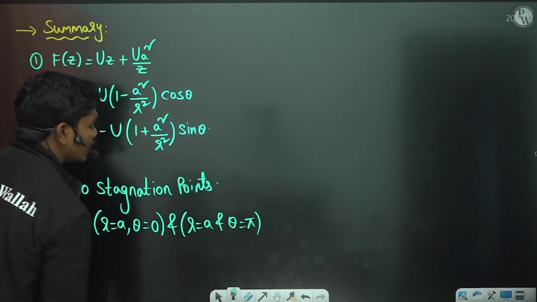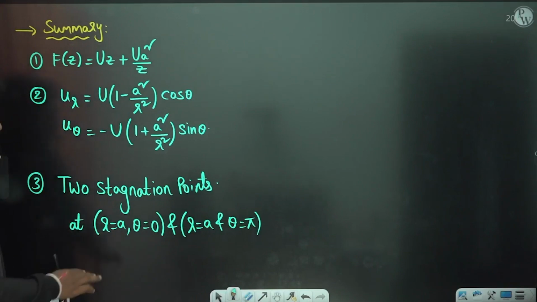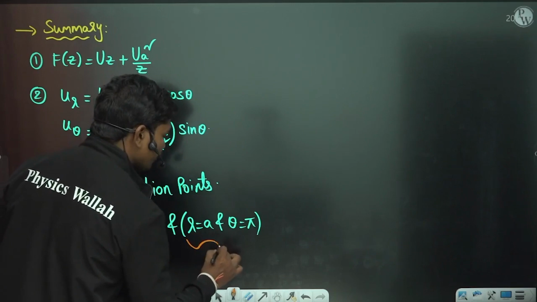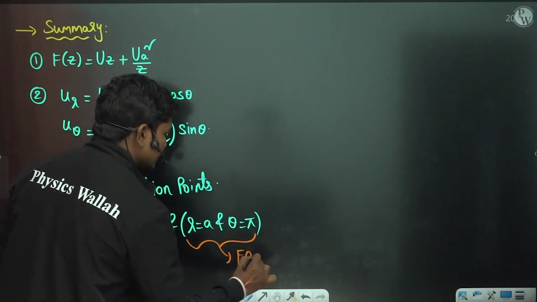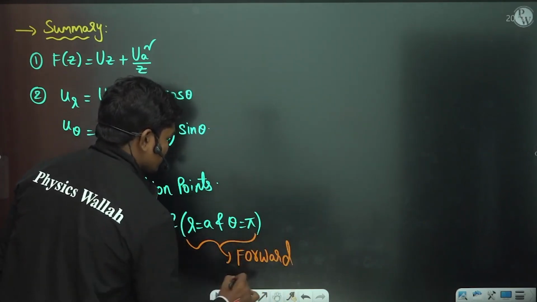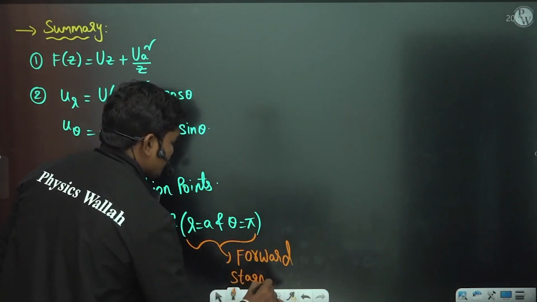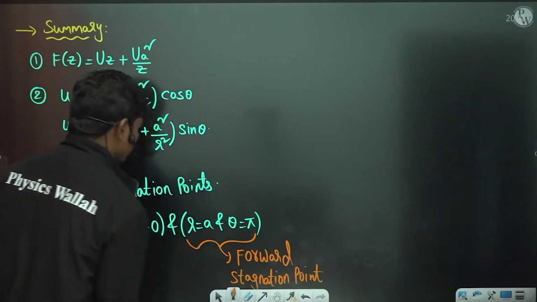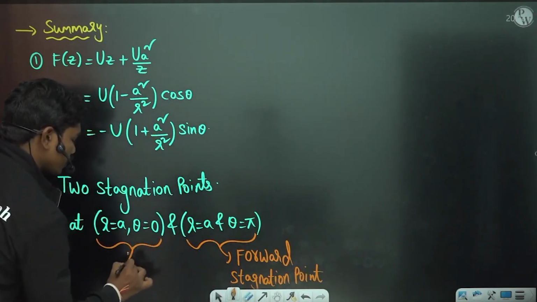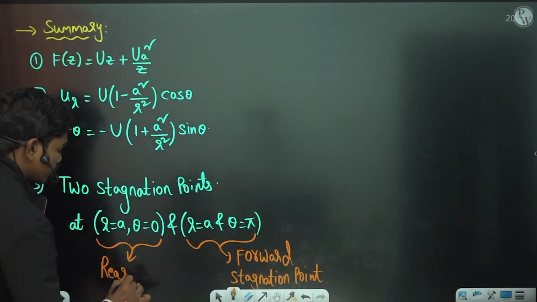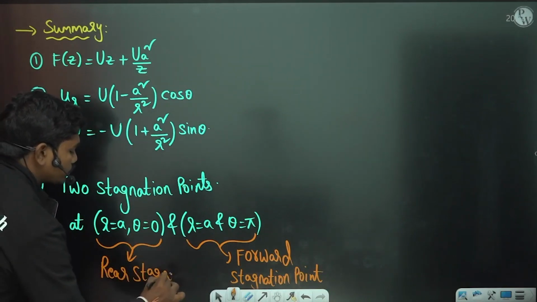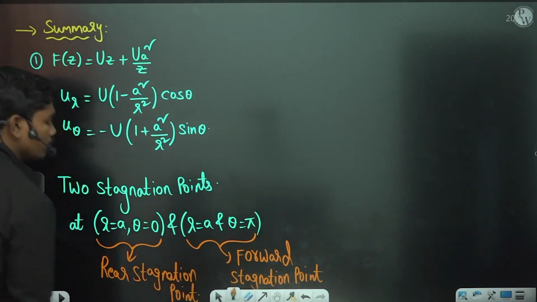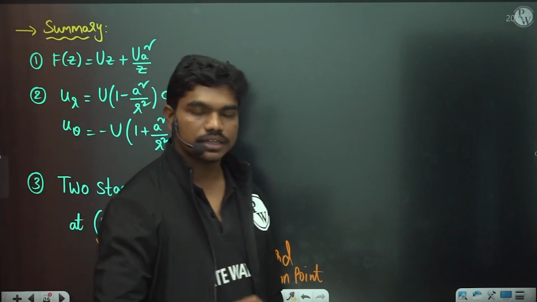So we got the forward and rear stagnation points. This is the case of the forward stagnation point, and this is the case of the rear stagnation point.